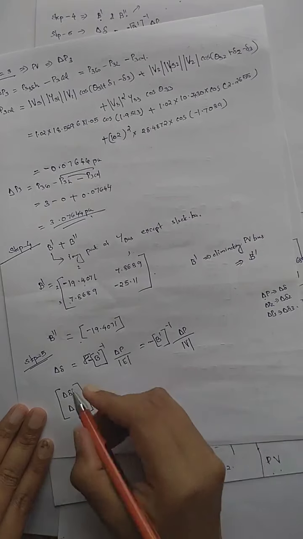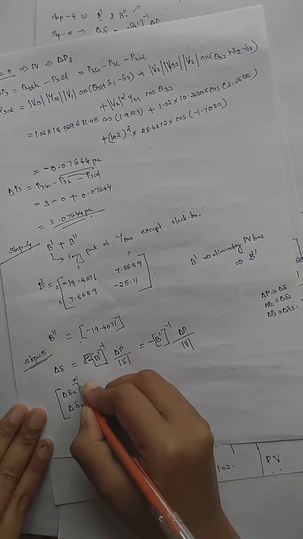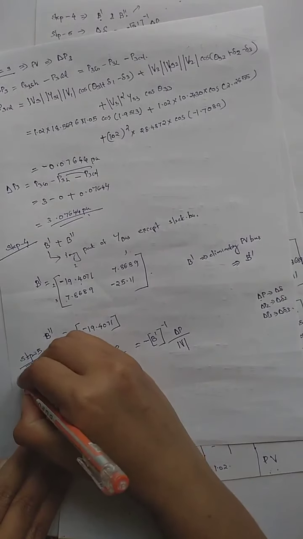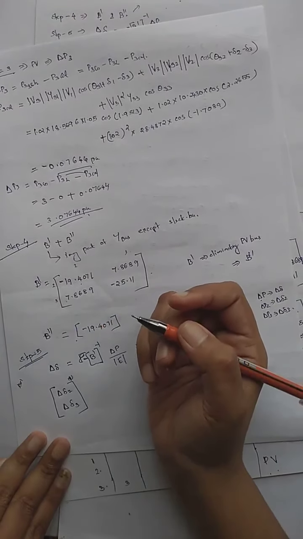Considering this as my 0th iteration, I am taking k is equal to 1 for my present iteration.